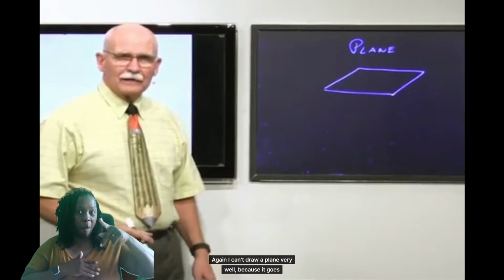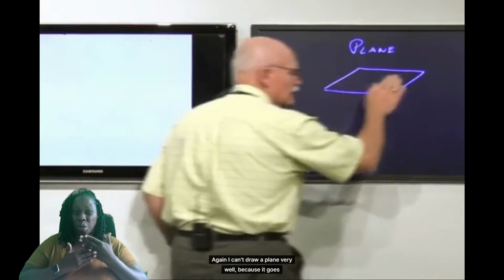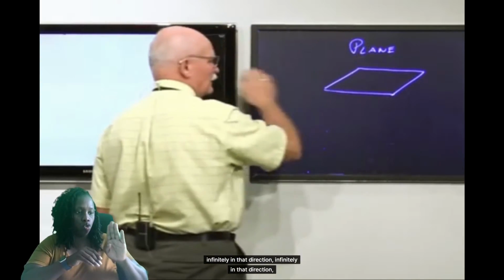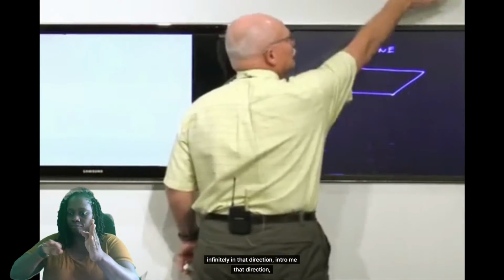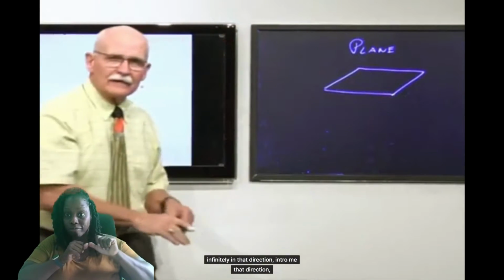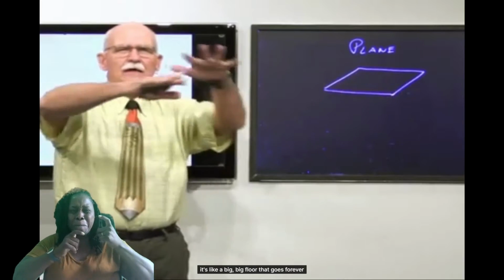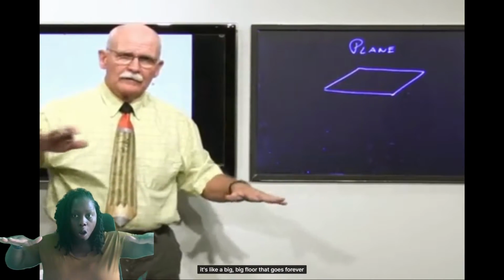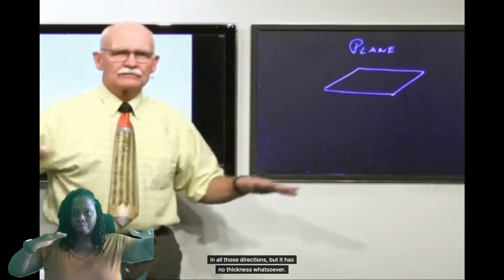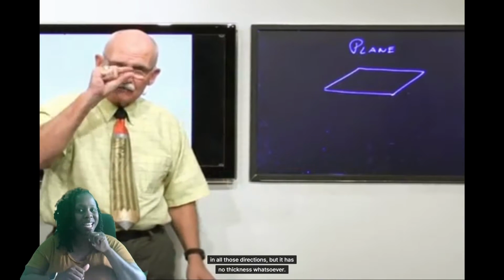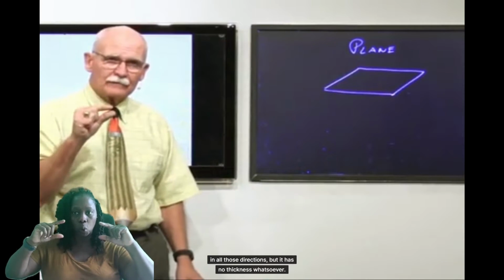Again, I can't draw a plane very well because it goes infinitely in that direction, infinitely in that direction, infinitely in that direction, infinitely in that direction. It's like a big, big floor that goes forever in all those directions, but it has no thickness whatsoever.